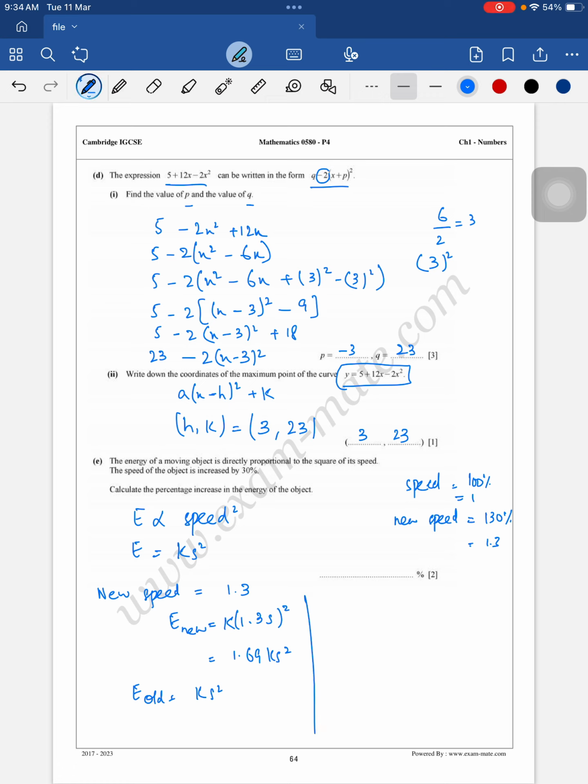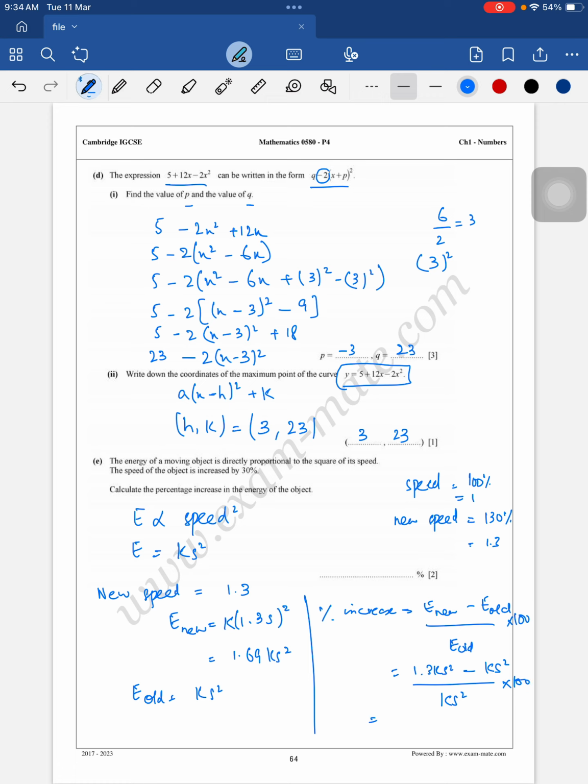Now percentage increase is equal to energy new minus energy old upon energy old, multiplied by 100. So energy new is 1.69 k s square minus k s square, upon k s square, multiplied by 100.